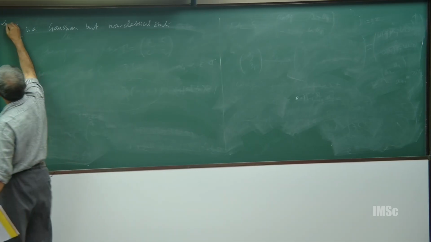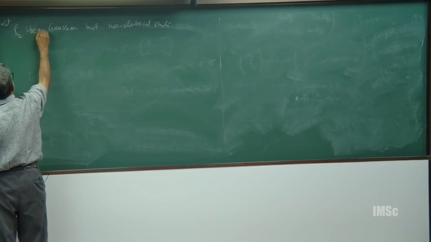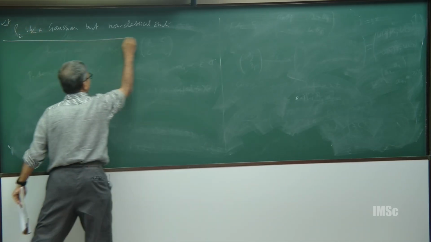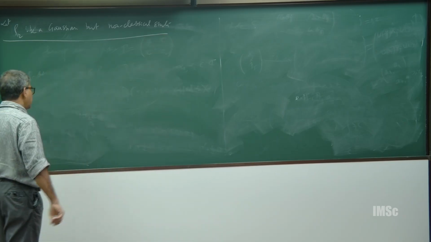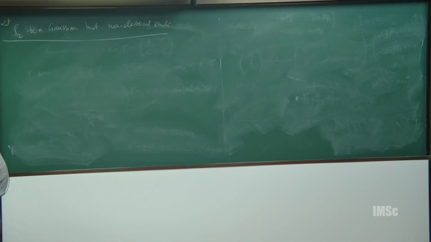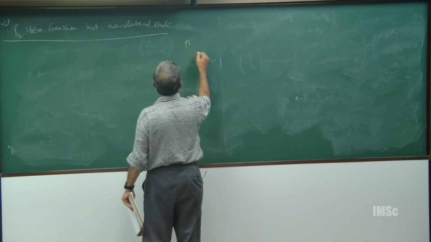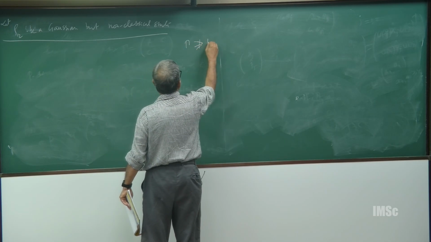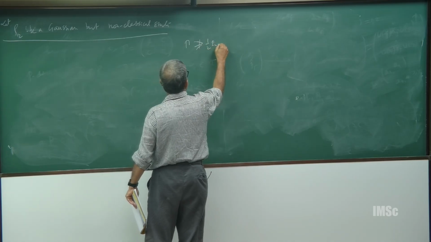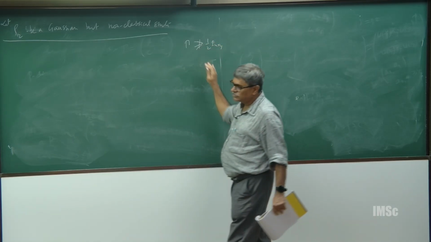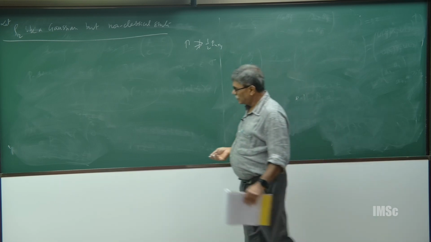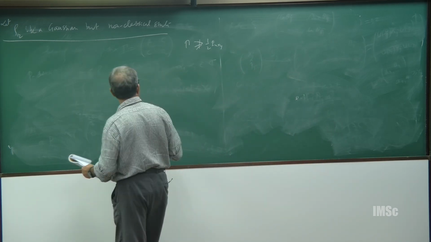And here if I can prove that the corresponding gamma is not greater than or equal to half 4 cross 4, then we are done, right. So, this is what we are going to prove.